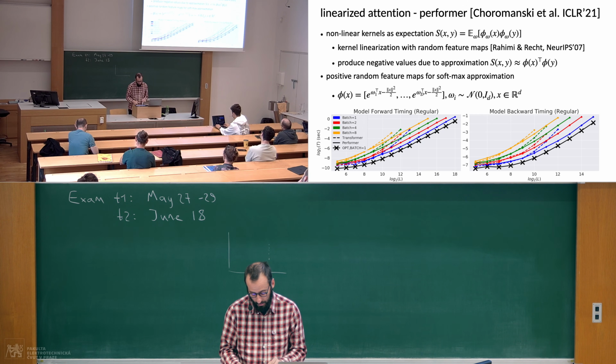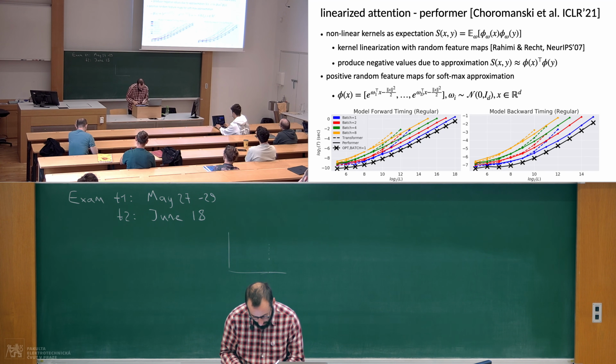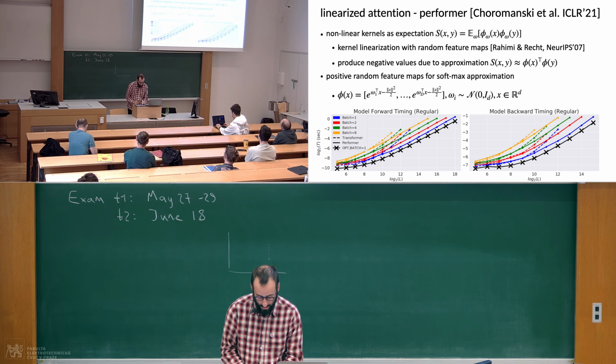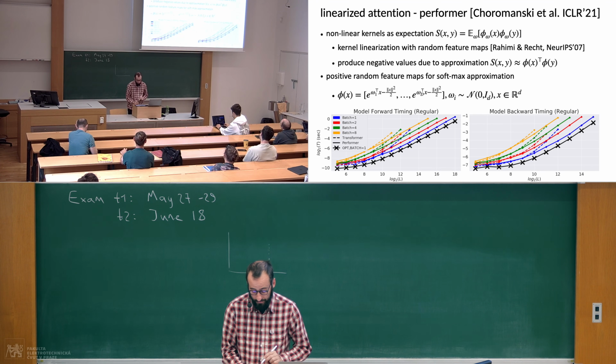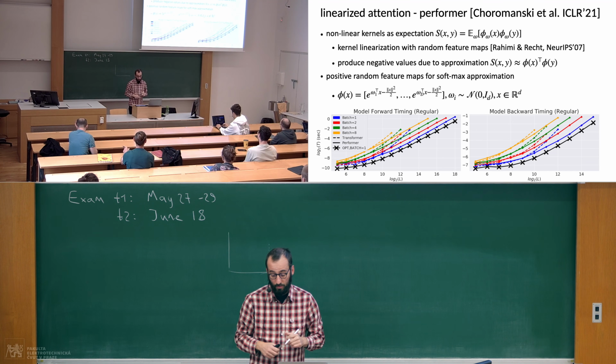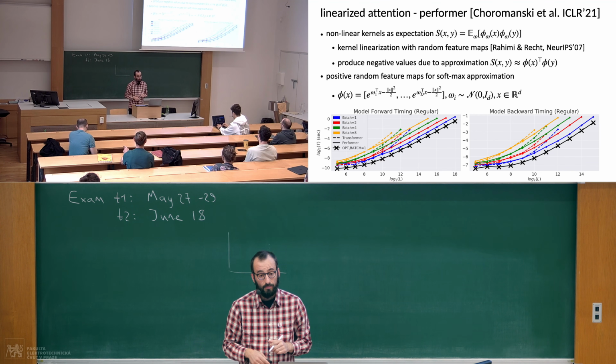We see here that as the sequence length grows, the gap between the solid line and this line, the gap between these curves in terms of time, increases when the sequence length increases.